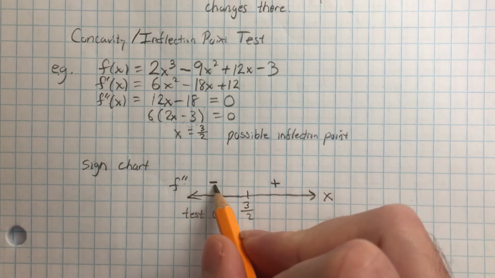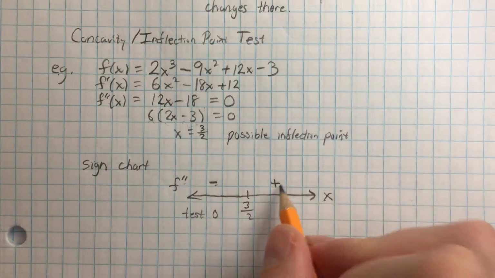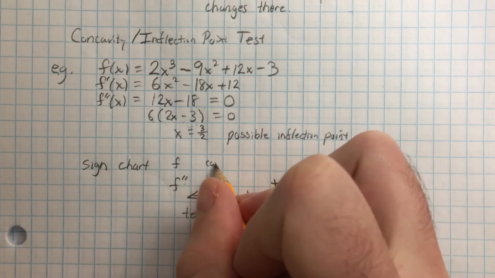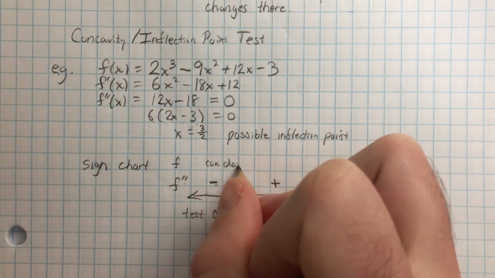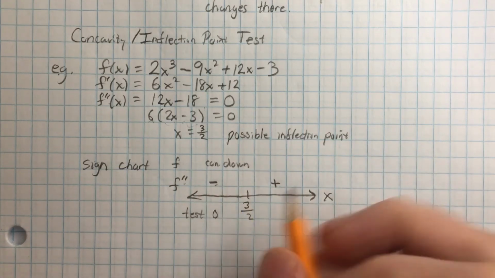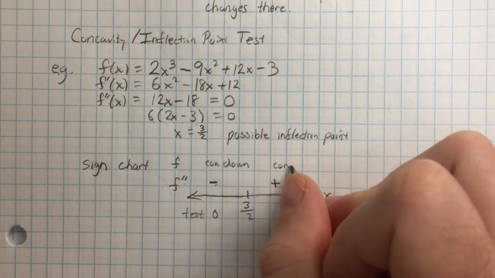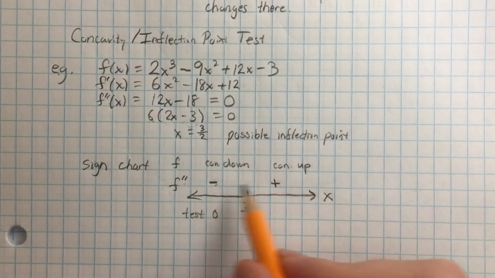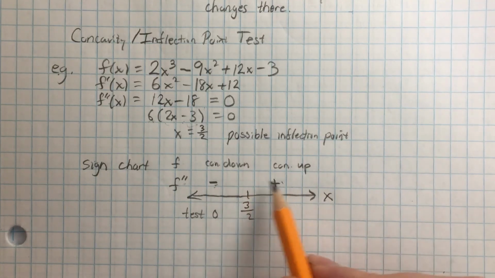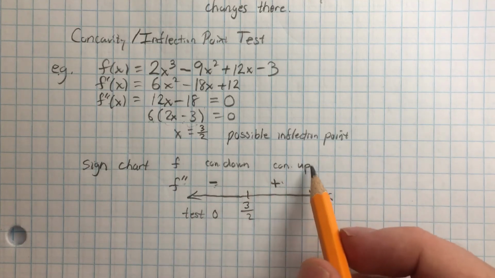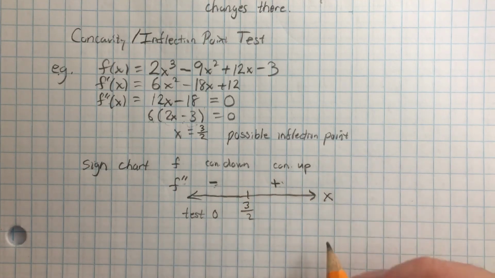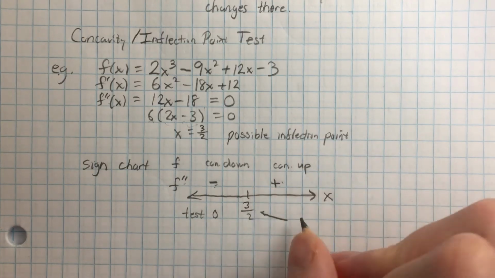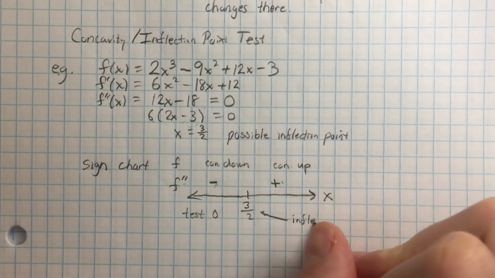Well, if f double prime is negative here, and f double prime is positive here, that means the original function f is concave down on this part of its domain, and it's concave up on this part of its domain. And because the concavity changes, it doesn't matter if it's negative, positive, negative, concave down, concave up, concave up, concave down. It doesn't matter, as long as there's a change at all. I'm going to call 3/2 no longer a possible inflection point. It is an inflection point now.